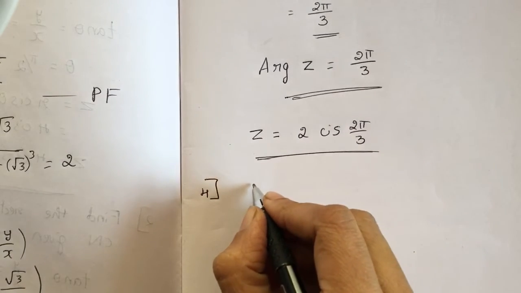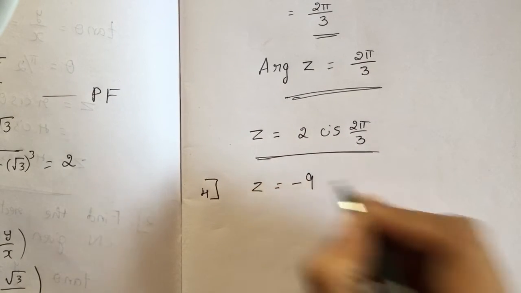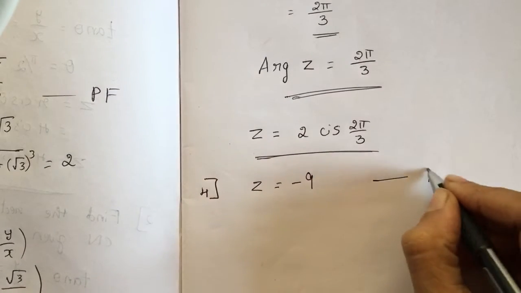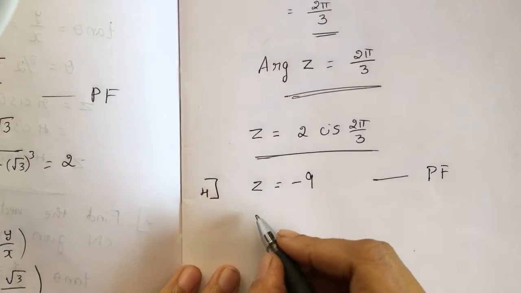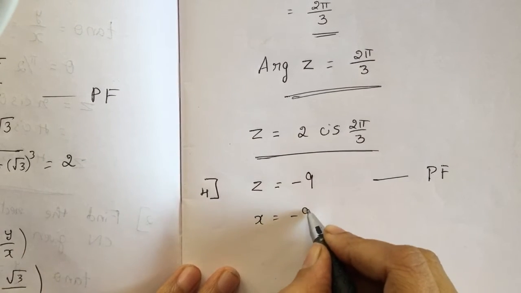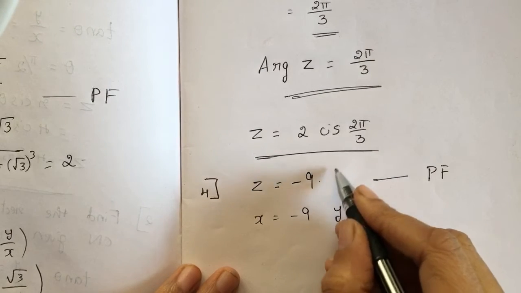Suppose z is purely real, that's minus 9. Write this in terms of polar form. When you have this, x is minus 9, right? And what is y? This is the same as writing minus 9 plus i into 0, right?